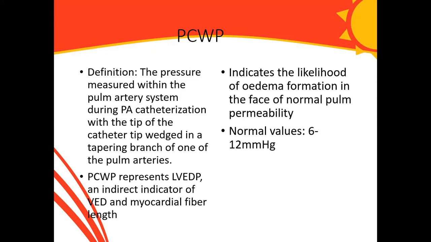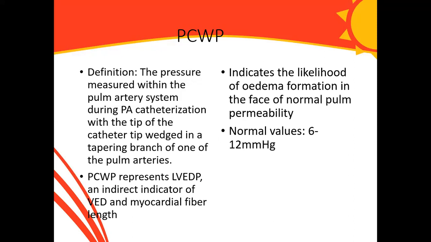So if the PCWP is less than 18, and there's evidence of acute respiratory failure with severe arterial hypoxemia, and you measure your PCWP and it is not a cardiogenic shock, it shows that this is ARDS.